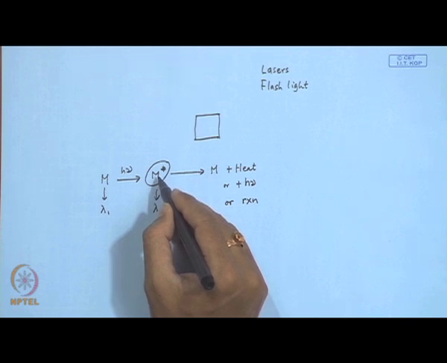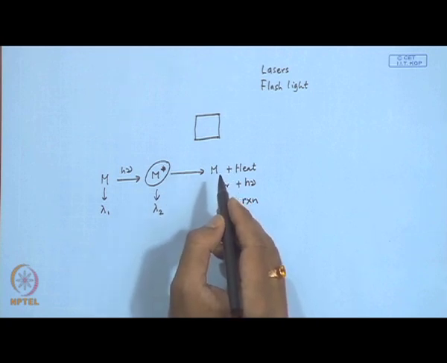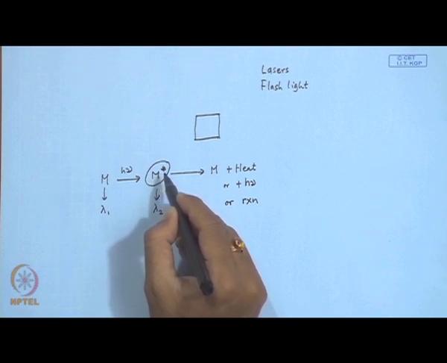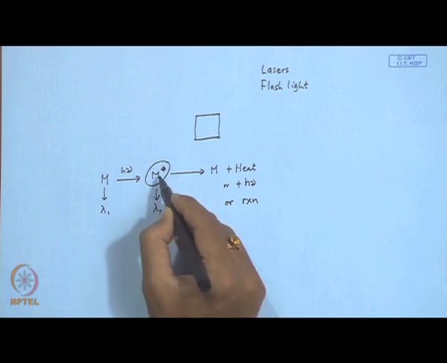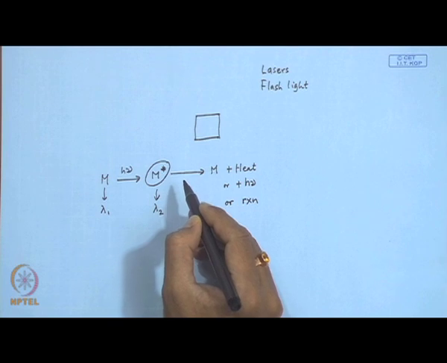That means the flashlight is used to generate this active species, and there will be another light which is called the probe light, which measures the absorbance of this species as a function of time.